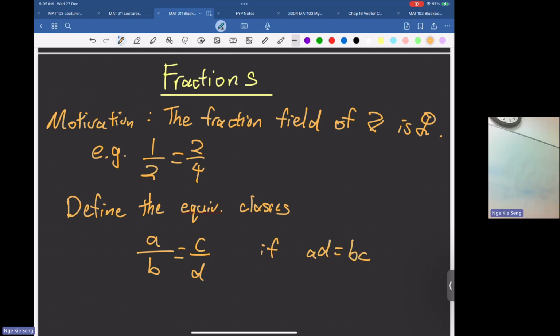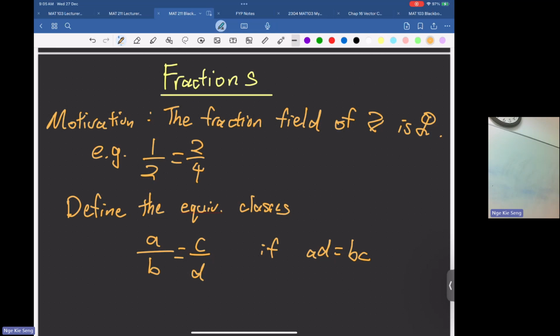Note that we introduce it as AD equals BC. We don't say there's a factor we cancel out. Not like that. It's because if we cross multiply, they are the same. So this is equivalent to what you have done before, cancelling out the factor. Correct?